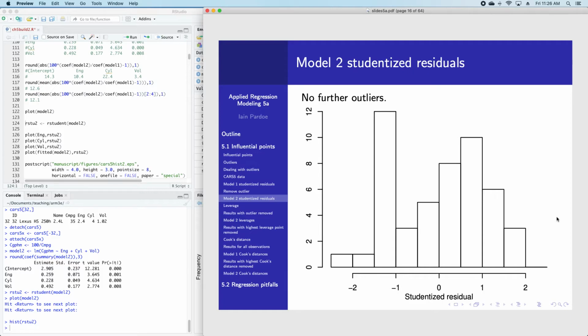So this illustrates one possible scenario. We fit a model to some data, and when we looked at a residual plot, we observed a residual that was much more negative than all the other residuals.